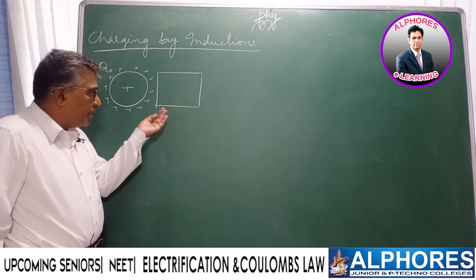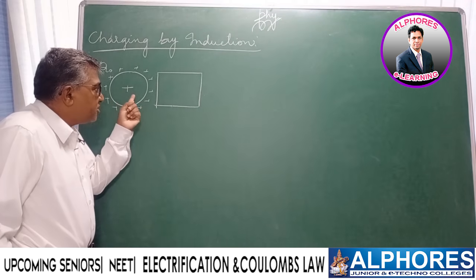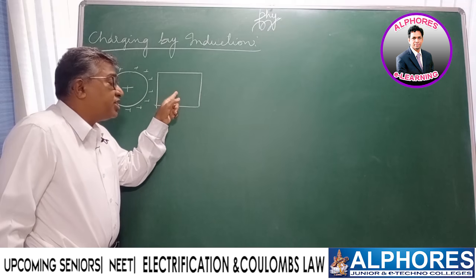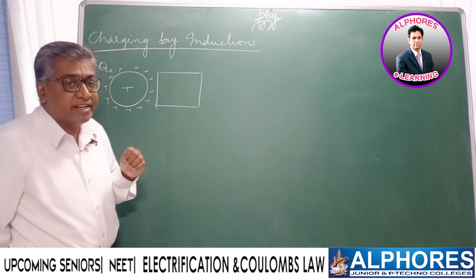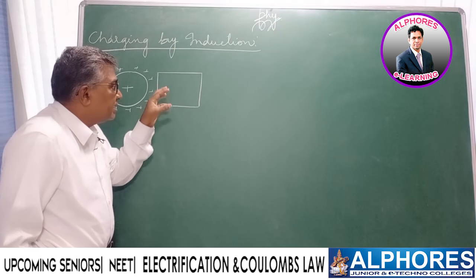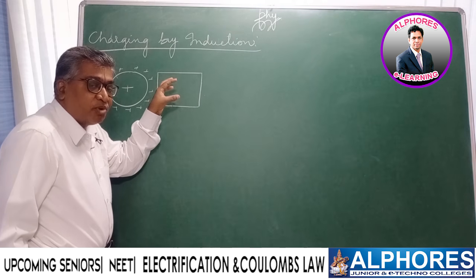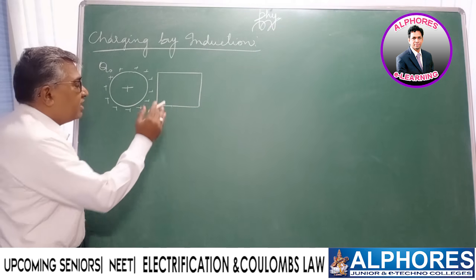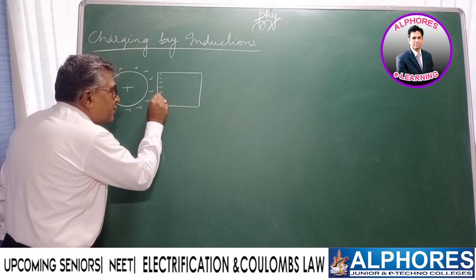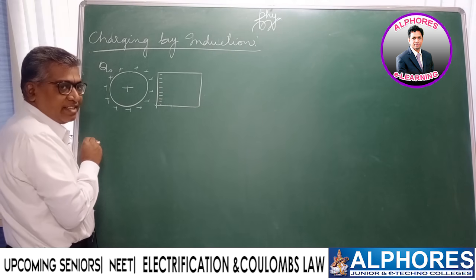Now when you put it very close, this body is actually neutral, it possesses equal positive and negative charge. Because of the influence of this positive charge, the free electrons in this body get accumulated on the nearer side.